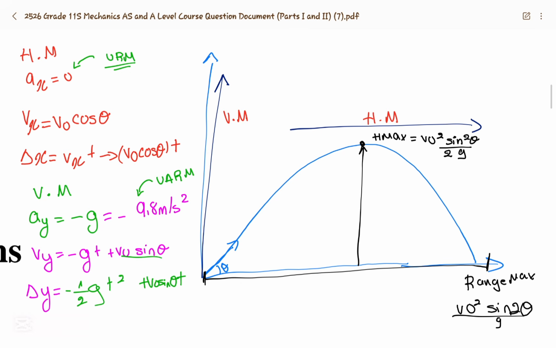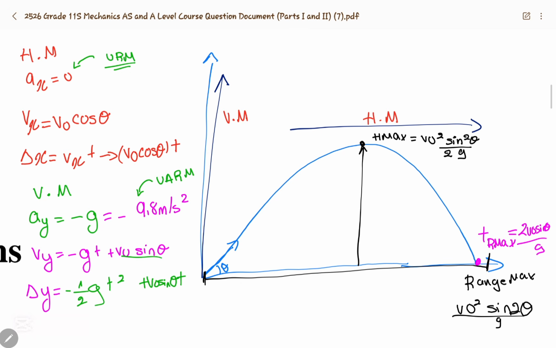Now, let's say they asked you to find the time it took to reach the maximum range. Very simply, you have a simple formula. I'm going to call it time R max. So the time to reach the maximum range is very simply 2 v0 sine theta over g.